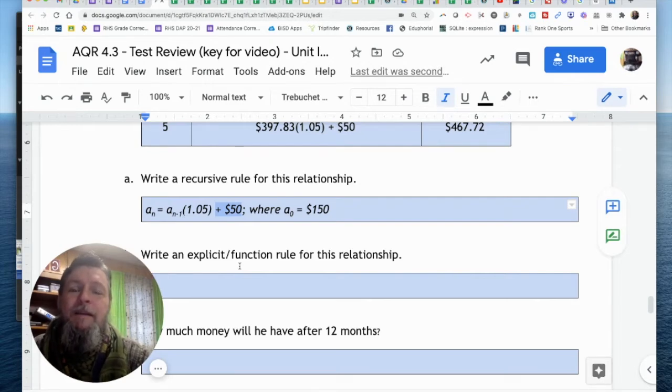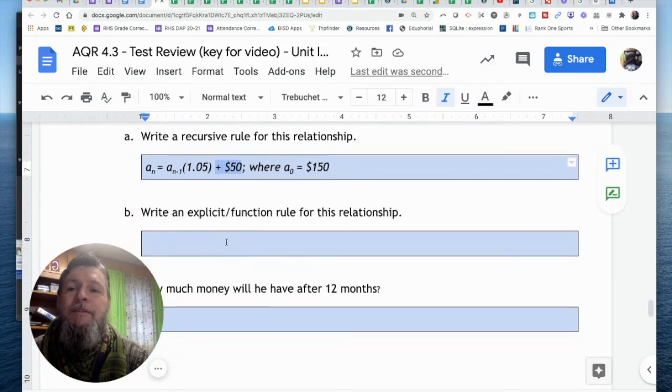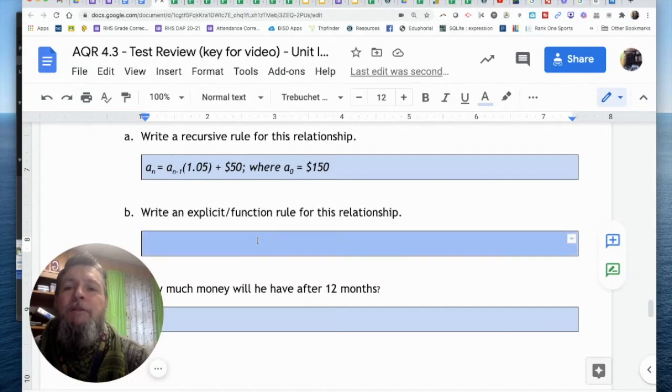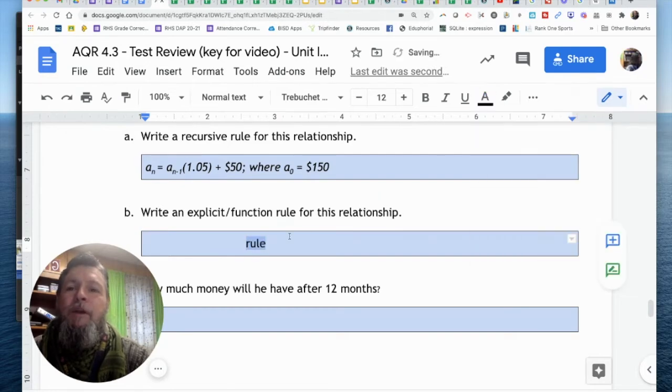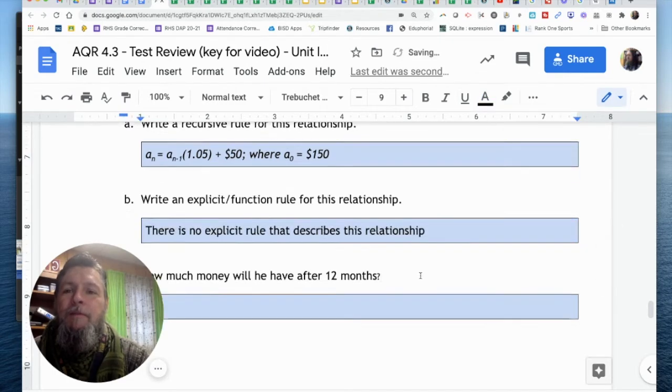It's a series function, so recursion is best described to this. So really, there is no explicit rule. There's no way you could just plug in n to one simple function that would give you the answer regardless of what it was. There is no explicit rule that describes this relationship.